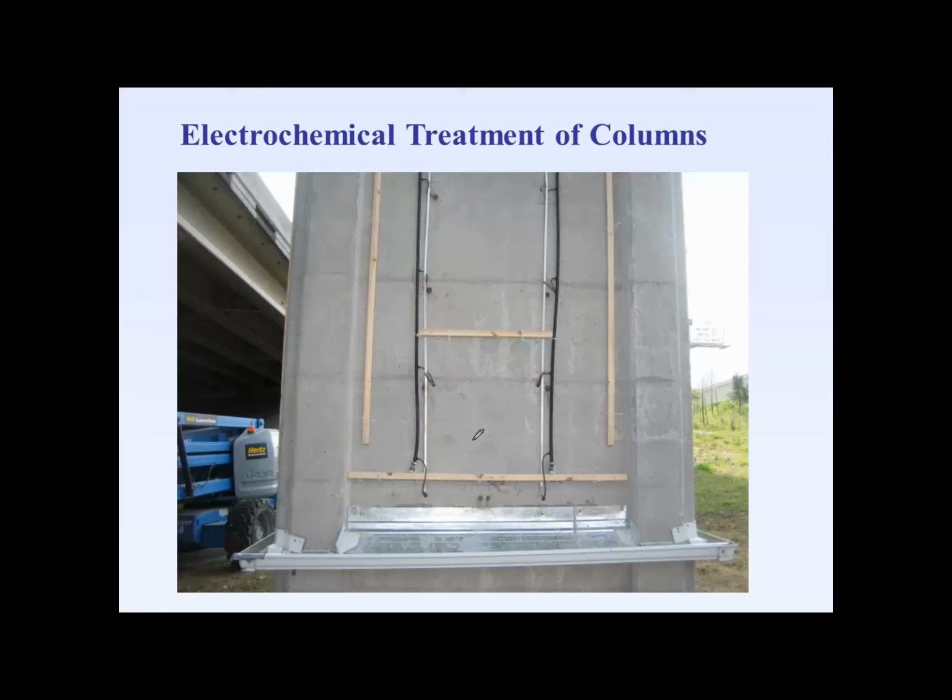Lithium was pumped up to the top of the column where it would saturate this electrolytic blanket, and then the lithium would drip down the face of the concrete column where it would be collected by this gutter system, recycled, and brought back to the top of the concrete column. So this was the way we were able to get over gravity here. And then this outer electrolyte setup was tied to the rebar, which was 2 inches into the column itself.